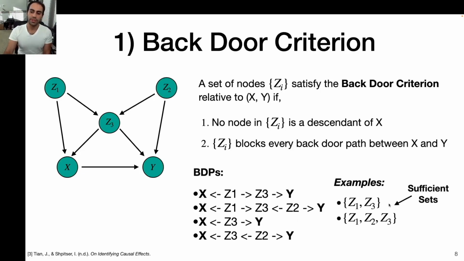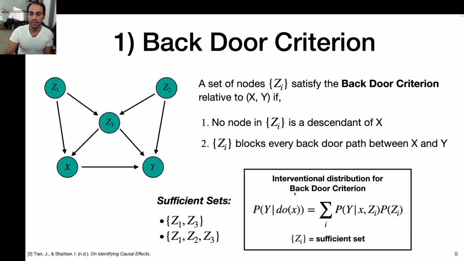A set of nodes that satisfies the backdoor criterion is called a sufficient set. And once we've identified our sufficient set, we can immediately write down the interventional distribution using this equation here, where i is indexing our variables in our sufficient set. So here we can either use Z1 and Z3 or Z1, Z2, and Z3.